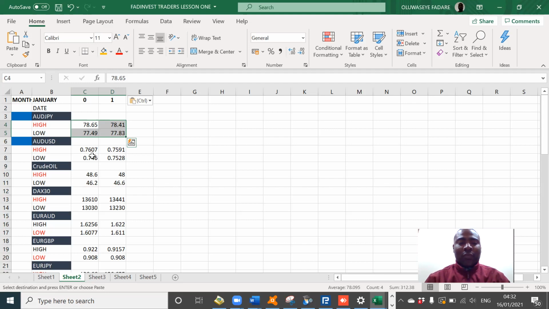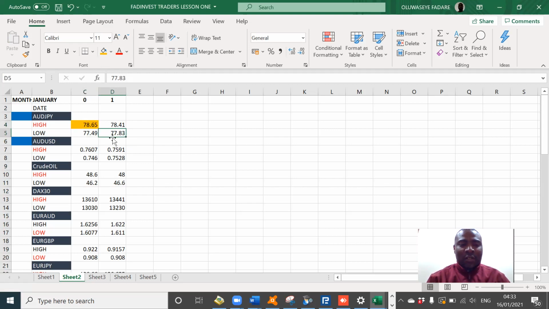So you can see here, for example, our high here on the one is 78.41, our high here is 78.65. So 78.65 is higher than 78.41. So we can automatically pick this here. The reason why we're picking this here is because we are expecting that probably this one will be lower.